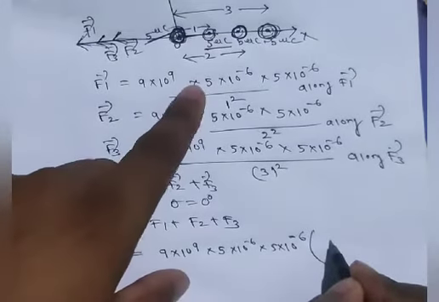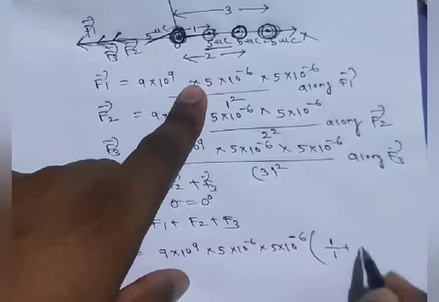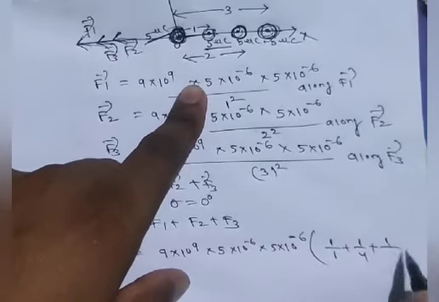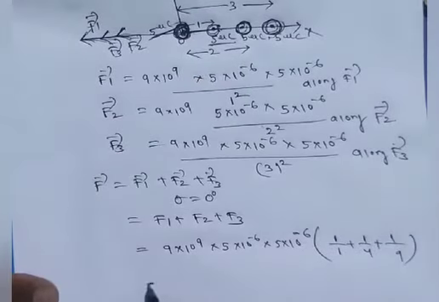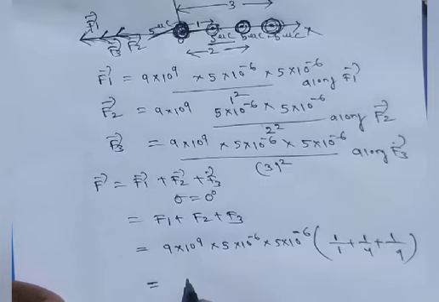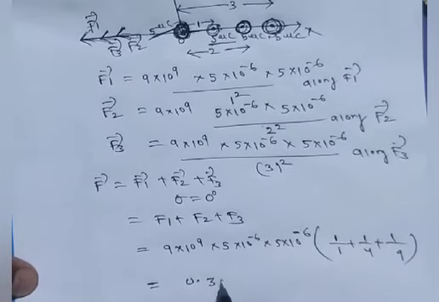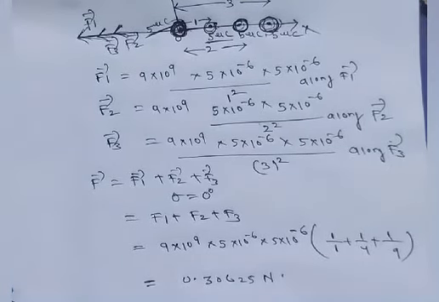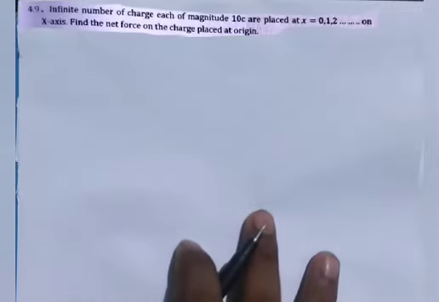Then it will come 1 by 1, 1 by 4, 1 by 9. So it's simply 0.30625 Newton. Is it clear? Now we'll come to the next question.